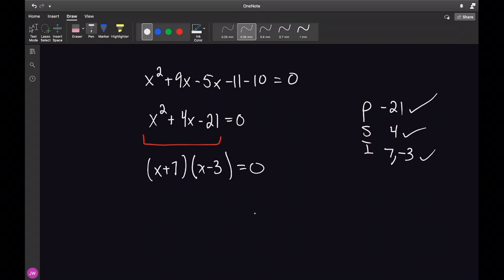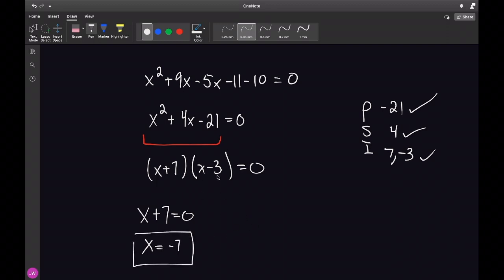Now I can solve for these x coordinates. So in order for this equation to be true, for this side to be 0, this has to be 0 or this has to be 0. So what you're going to do is set each factor equal to 0 and solve. So this would be x equals negative 7.